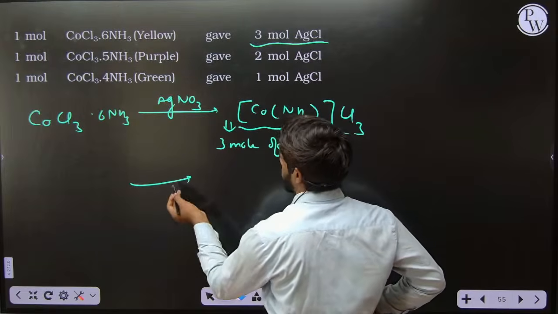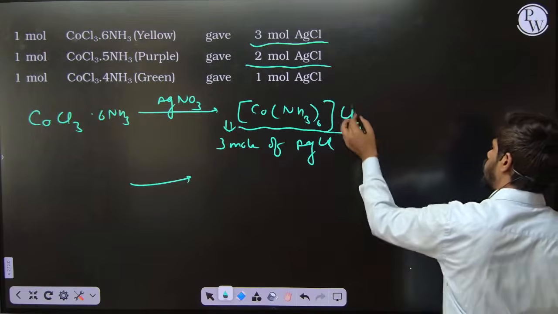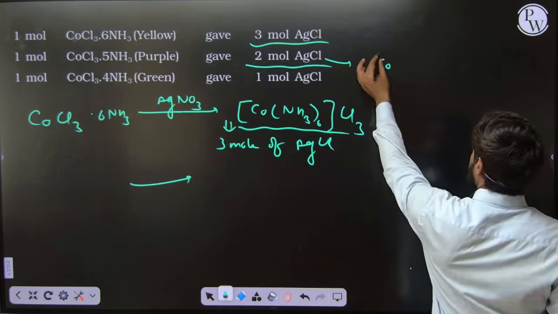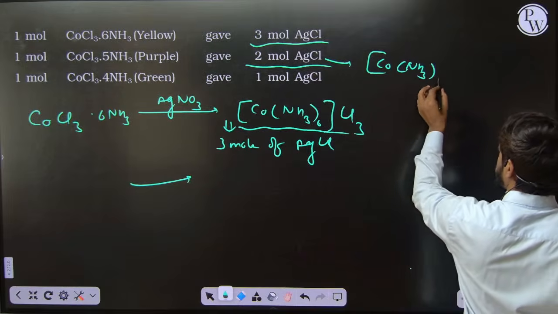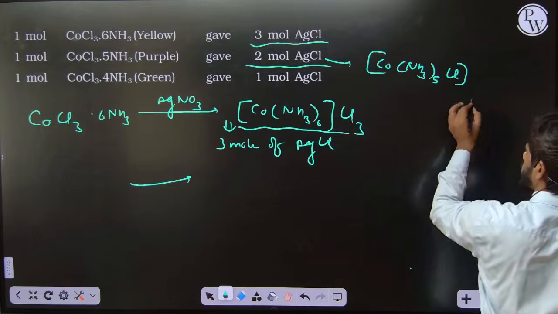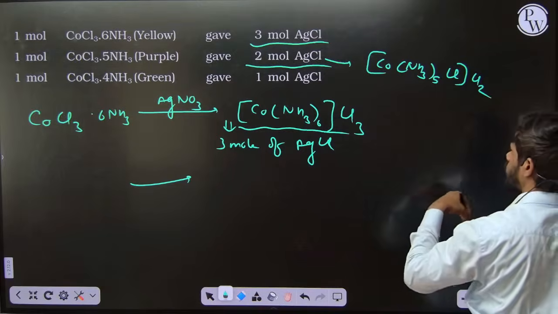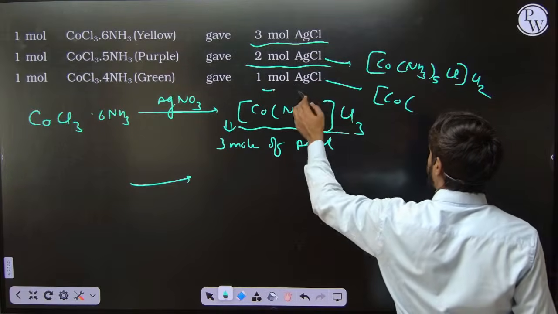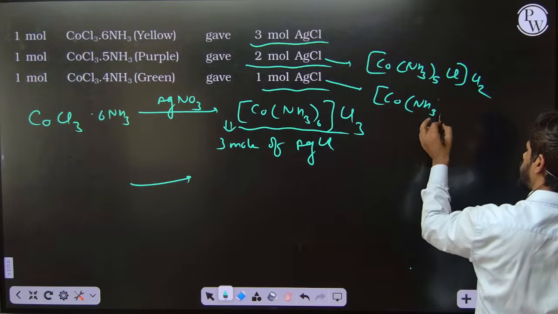Next, if 2 moles of AgCl are given, that means 2 chlorines are outside. The complex structure will be cobalt with 5 NH3 ammonia and 1 chlorine inside. So 2 moles we are getting means 2 chlorines are outside, 1 is inside. Similarly, if we get only 1 mole of AgCl, that means 1 Cl is outside and the other is inside.